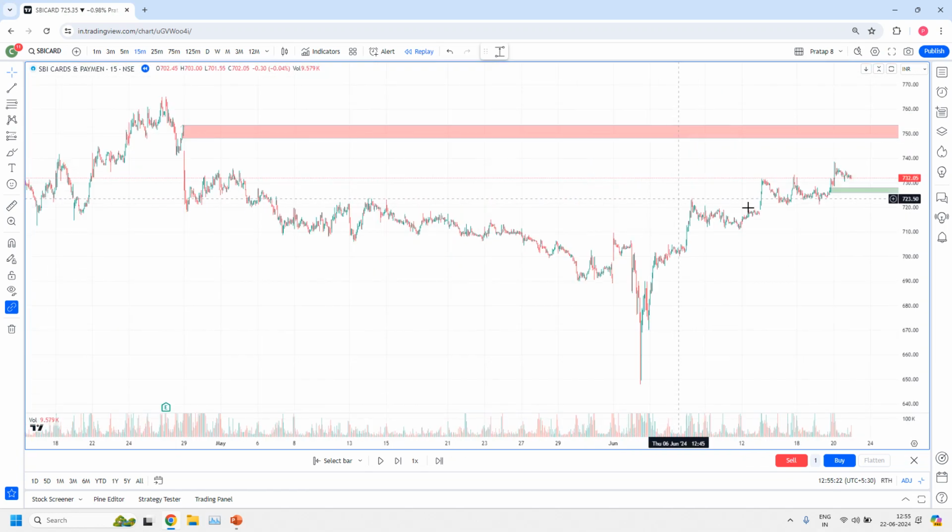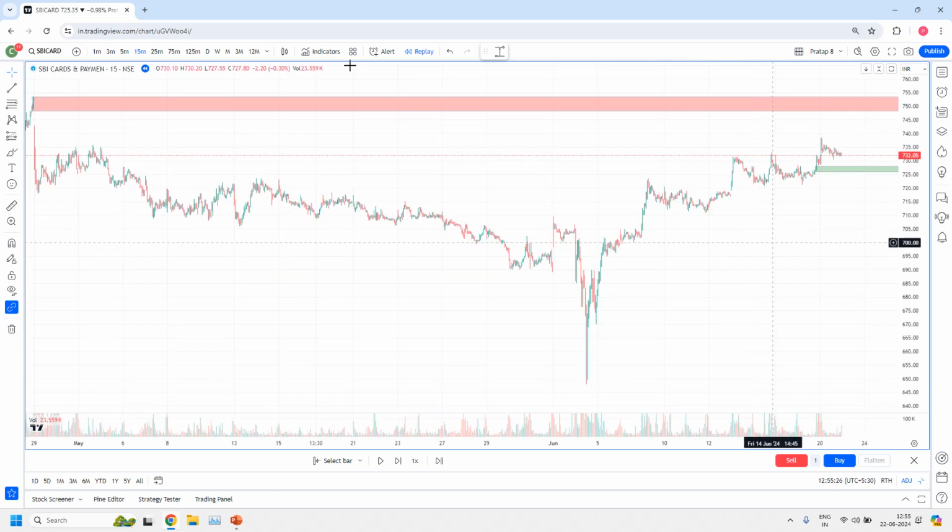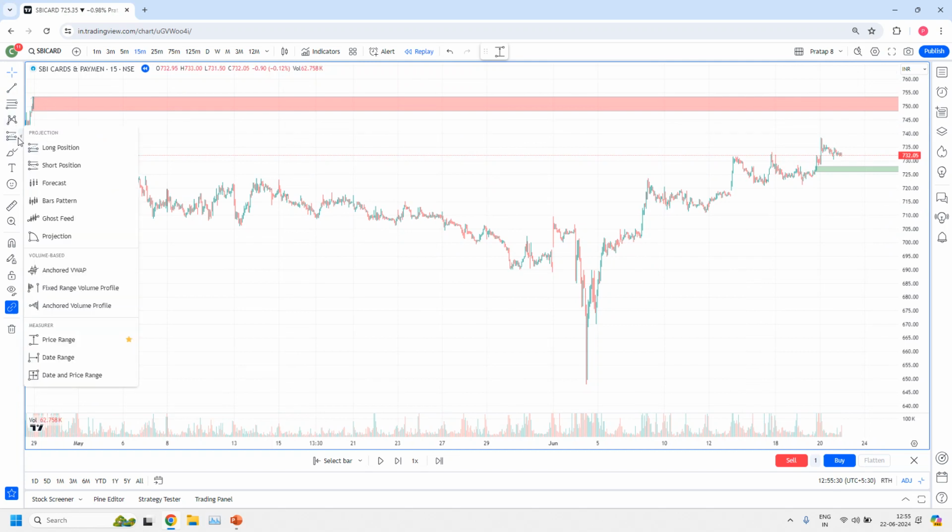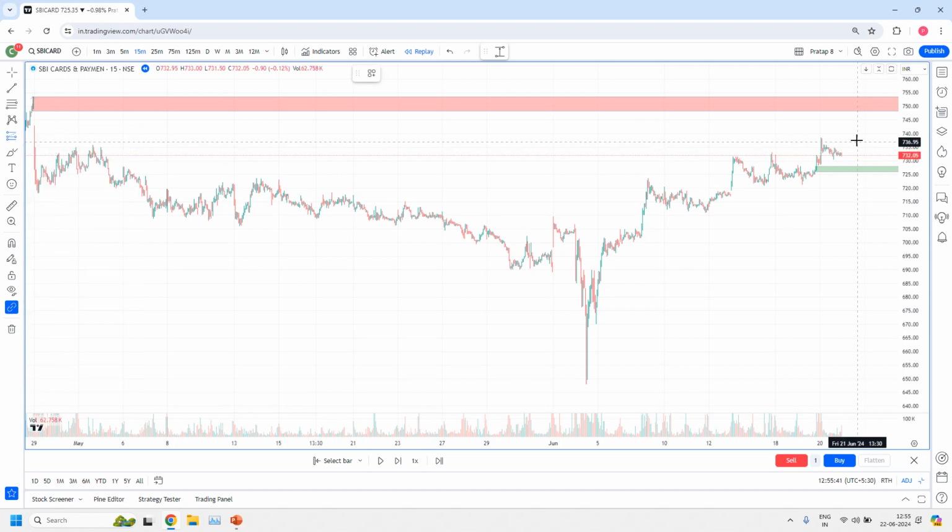And from this demand zone and supply zone, there is a good enough RR also. So if you want to check the RR, you can use this tool. You have a long position tool in TradingView. I already explained this tool, I think in the practical sessions of phase 1 training, in lesson 9, in one of the videos.